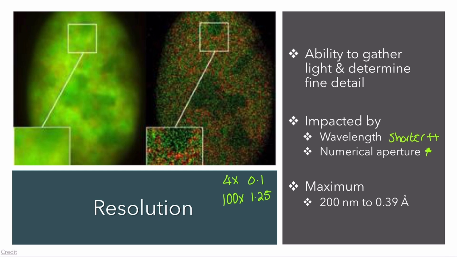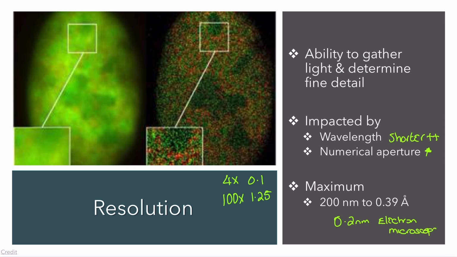Now, the maximum that we can get on a light microscope is around 200 nanometers, which sounds like a lot, but an electron microscope will go to 0.2 nanometers. I should write that one out, 0.2 nanometers. So that's an electron microscope.